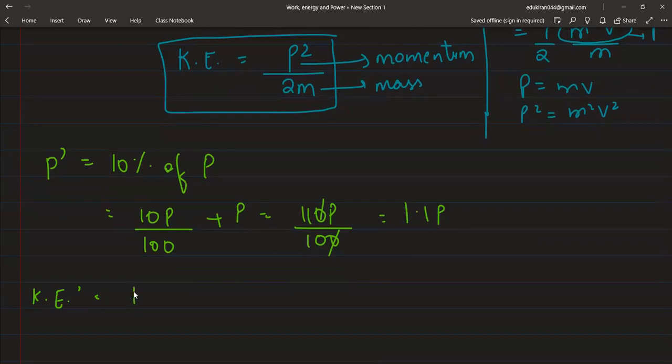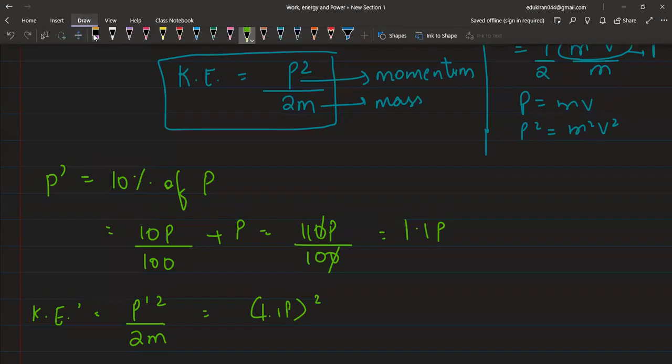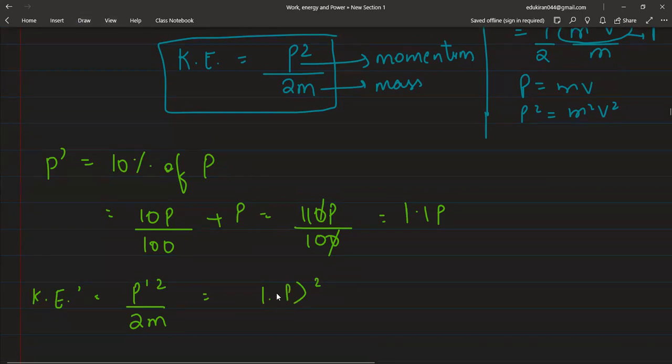This is equal to P new square, that is P dash square by 2m. That is 1.1 P whole square divided by 2m.